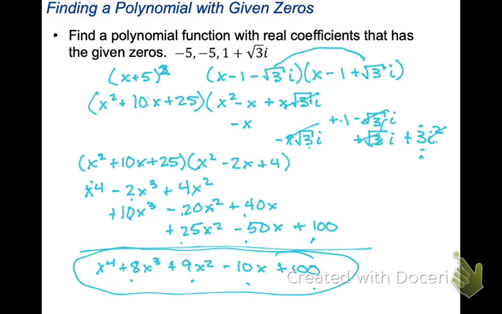I like it when I have a binomial times a trinomial, or especially trinomial times trinomial if I go to a quartic. Because when I made this big old long list, do you get lost in your list sometimes? I get lost in my list. If I do this, I don't tend to get lost in my list. Make sense?